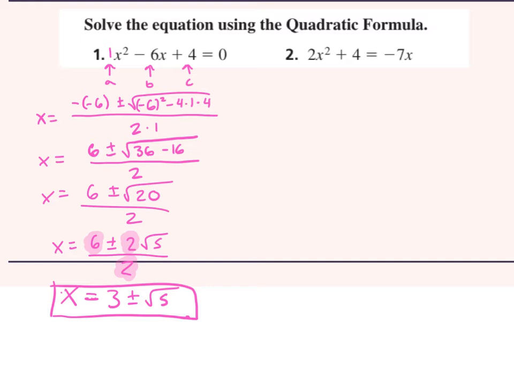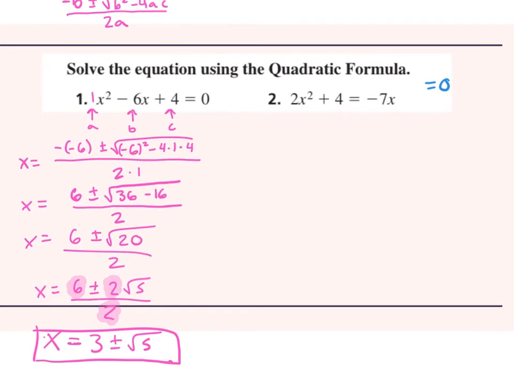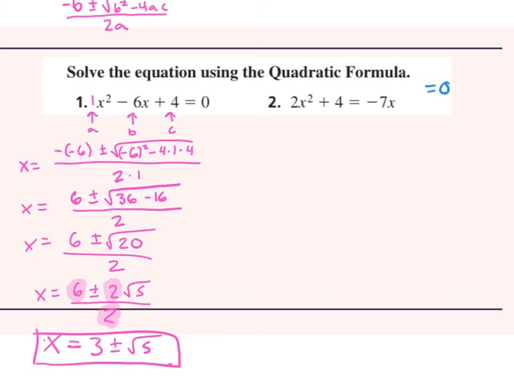For number 2, we need our equation to be equal to 0, so we have to move this minus 7x to the other side. We do that by adding 7x to both sides. So 2x squared plus 7x plus 4 is equal to 0.